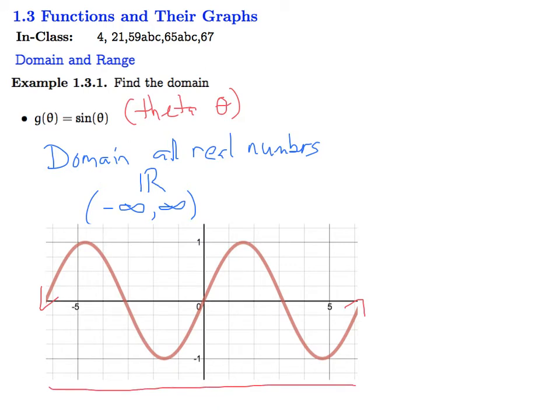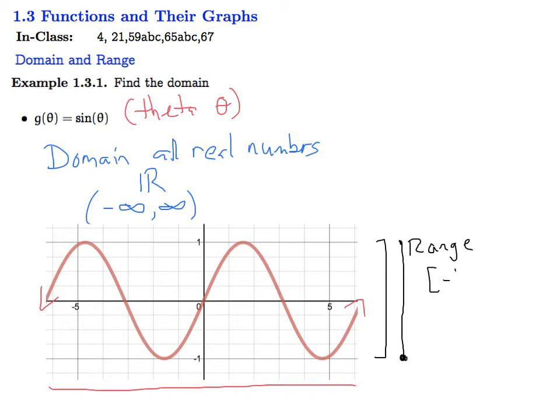Our range, however, is going to be just these numbers here that we can specify vertically. That is, what output numbers do we get here? We can see here that our range is going to give us all values from a low down here of -1 all the way up to +1.